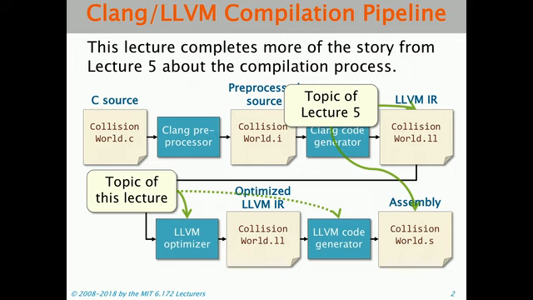So the last time you saw me standing up here was back in lecture 5. And during that lecture, we talked about LLVM IR and x86-64 assembly, and how C code got translated into assembly code via LLVM IR. In this lecture, we're going to talk more about what happens between the LLVM IR and assembly stages.